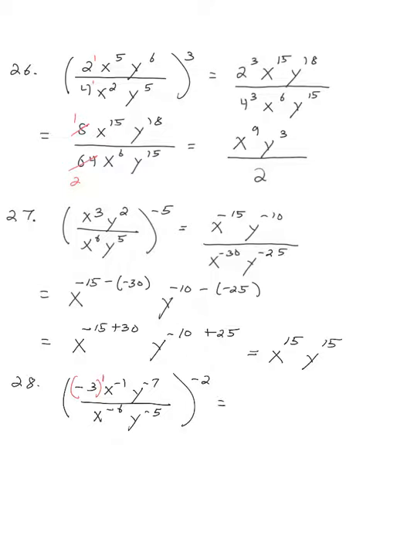Multiplying that exponent of negative 2 into the parentheses, we get negative 3 to the negative 2, x to the positive 2, y to the 14th, all over x to the 12th, and y to the 10th. Again, all we're doing is multiplying this exponent to these exponents here, which is how we got those values. The only exponent that is negative is now on this negative 3 squared. I'm going to move that directly to the denominator.